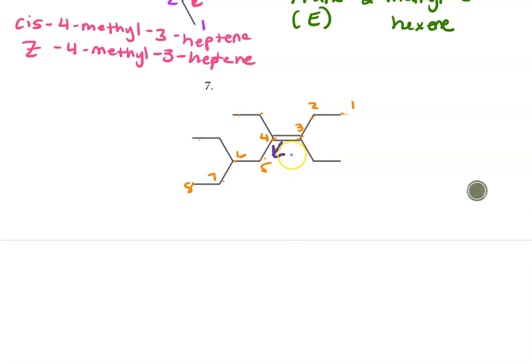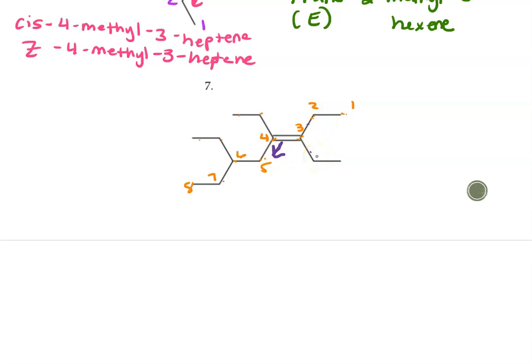And then here, there is no difference between these two things right here. If there's no difference, it doesn't matter which one's on top and which one's on the bottom. So that means there's actually no isomerization here. We have one going down, but the other one doesn't matter.